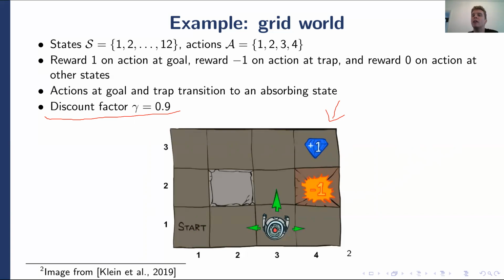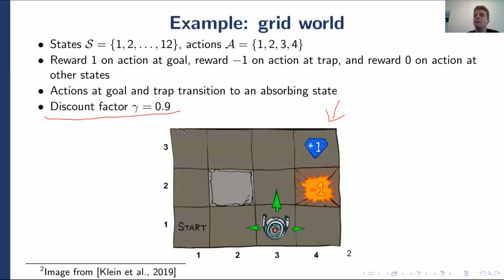Now, there's a different way in which we could have formulated this problem, which wouldn't require a discount factor. We could have said, for example, that the agent would be penalized by receiving a reward of -1 on every action, except on the action that transitions into the goal, for example, and then it would move into the absorbing state after that.